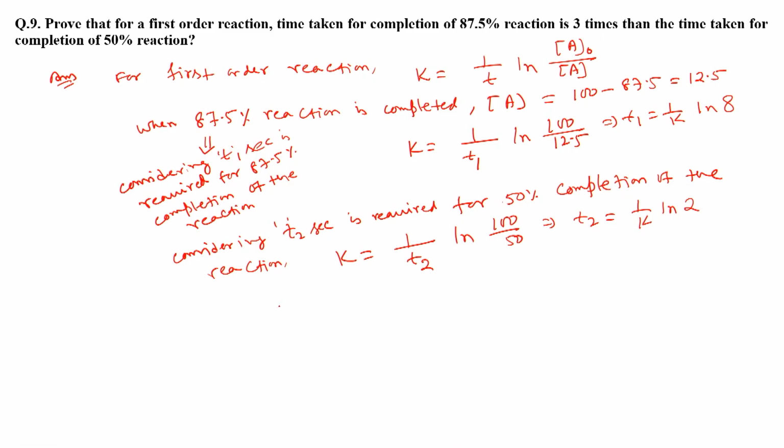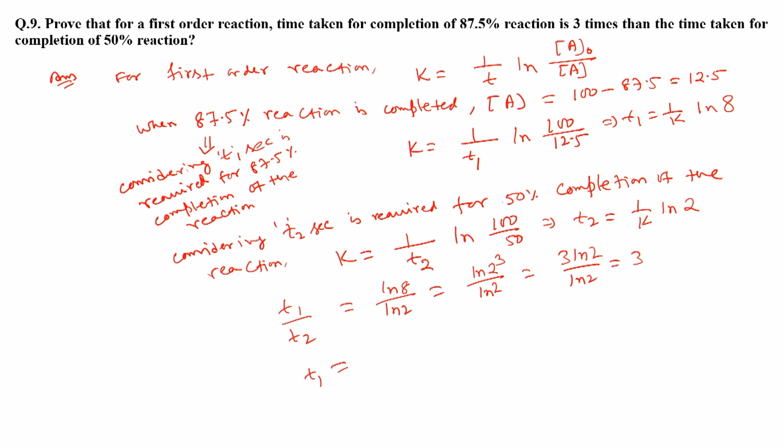So we get T1 by T2 is ln 8 by ln 2. So ln 8 is ln 2 to the 3 by ln 2. So we get 3 ln 2 by ln 2. So we get 3.